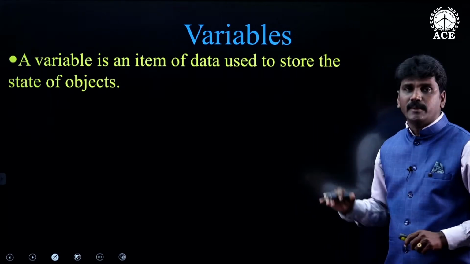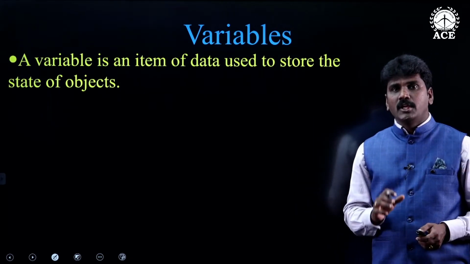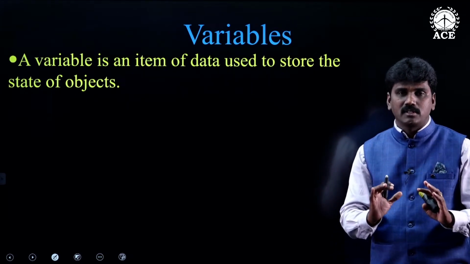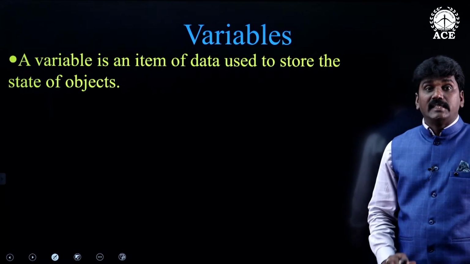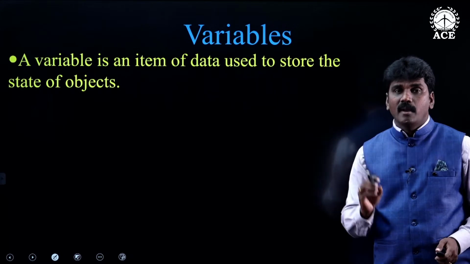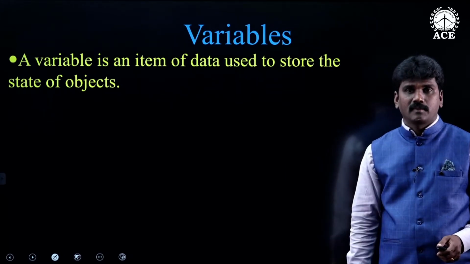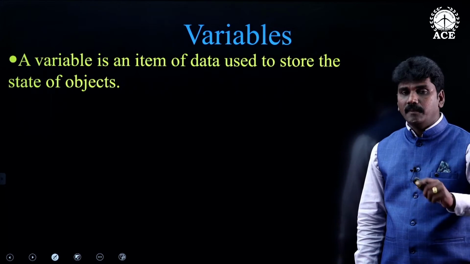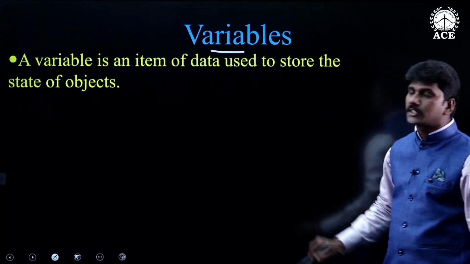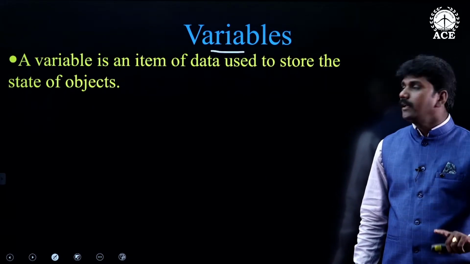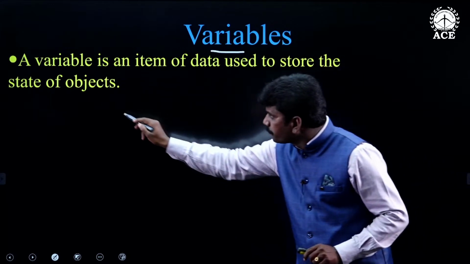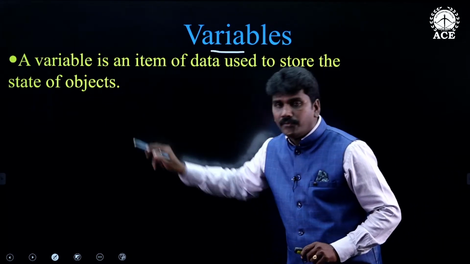What is a variable? Suppose you would like to store some data or values in the computer memory. That can be accessed in two ways, based on the name or based on the address. If you would like to access it based on the name, we use a variable. A variable is an item of data used to store the state of objects.